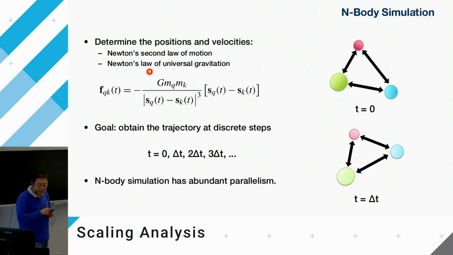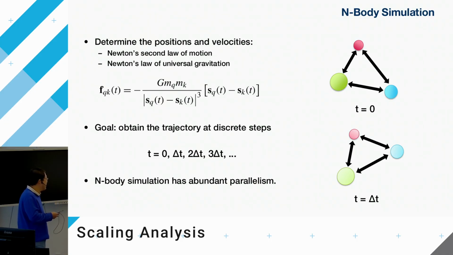For this small case study, we just determine the position and velocities by using Newton's law of motion, and then calculate the force using universal gravitation, and then move those particles from time 0 to time 1, time 2, time 3, with these time intervals, and then run the simulation.